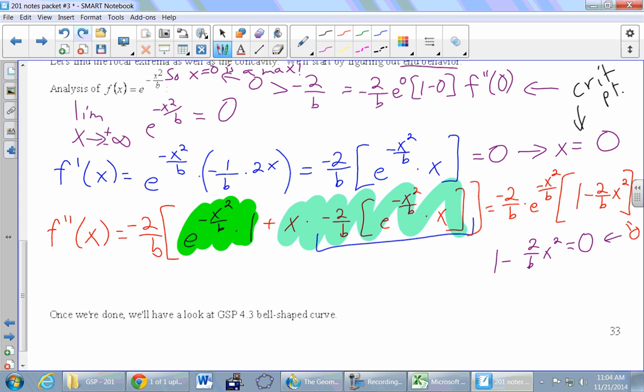Okay, so we're solving this equation for x. How about we keep the 1 where it is and add the 2 over b x squared. So it's that. Multiply both sides by what to move the whole fraction over? So multiply by b over 2. So we get x squared equals 1 times b over 2, which is just b over 2.